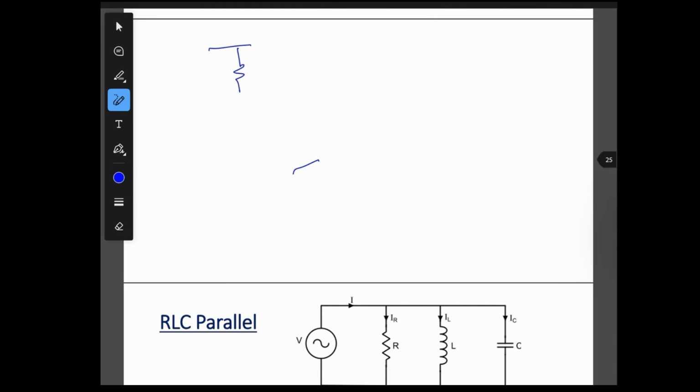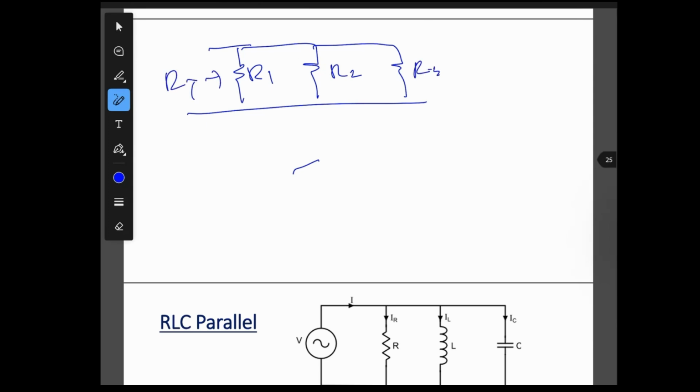We have resistors R1, R2, and R3, and this is R total. 1 over RT equals 1 over R1 plus 1 over R2 plus 1 over R3.